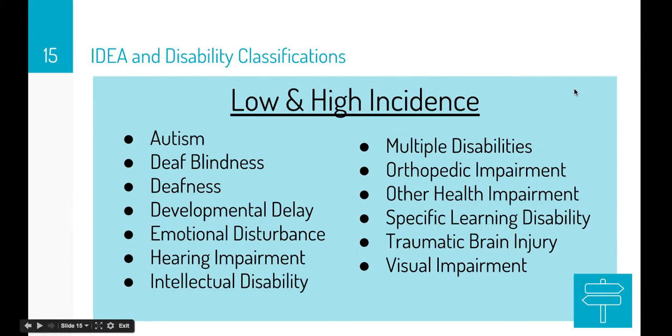Within the assistive technology world, they use language called low and high incidence, and that simply refers to the frequency of occurrence of this particular disability classification in the general population. So, for example, a traumatic brain injury would be considered a low incidence disability, while a learning disability would be considered a high incidence classification.